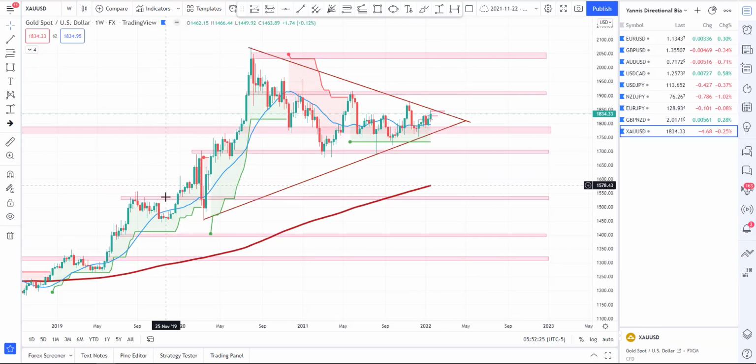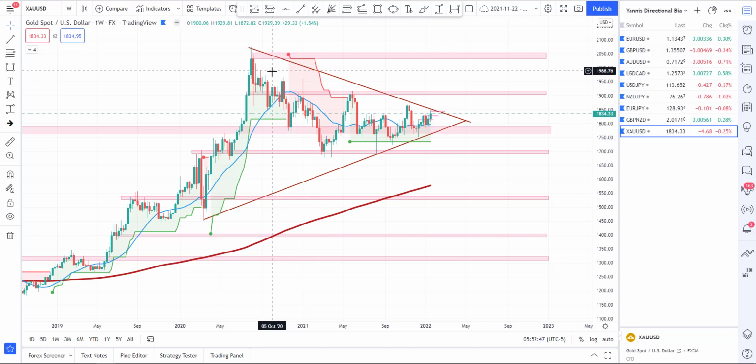Okay, and last but not least, we are going to end up with gold. And as you can see, gold is moving up for the past years. Actually, as always, when COVID started and when the world has problems, gold is one of the commodities and one of the pairs that provide what we call a safe haven for big money.